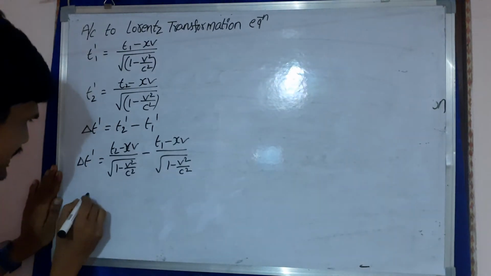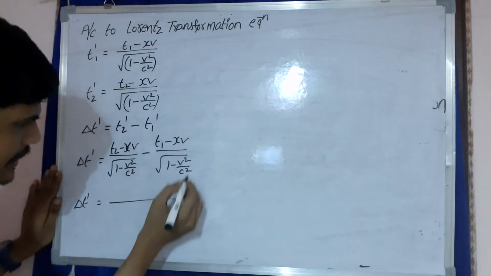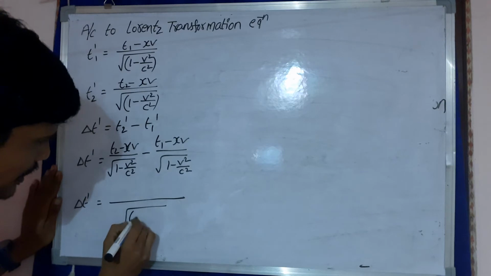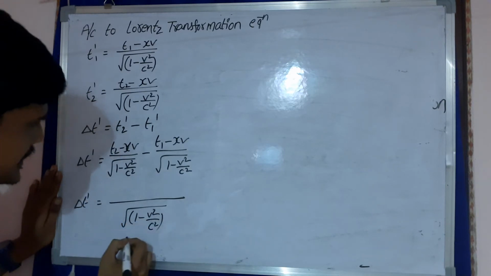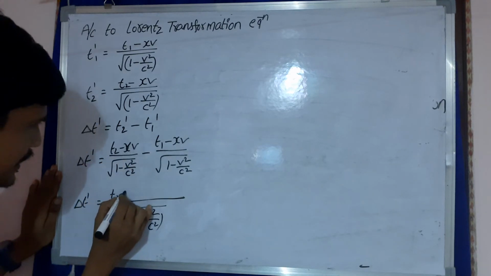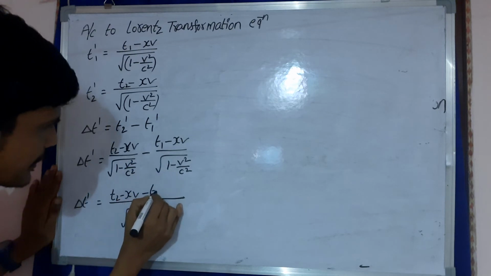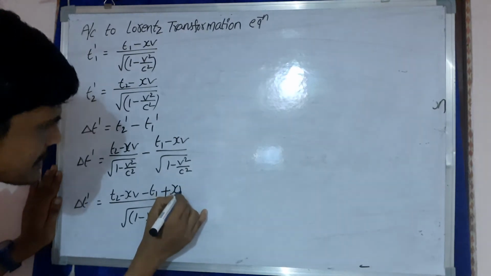Taking the common denominator root over 1 minus v square by c square, we get t2 minus xv minus t1 plus xv.